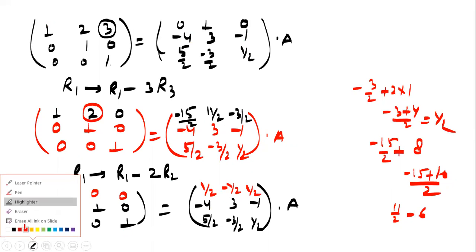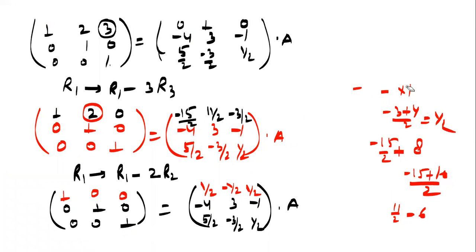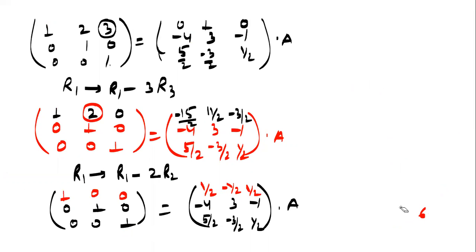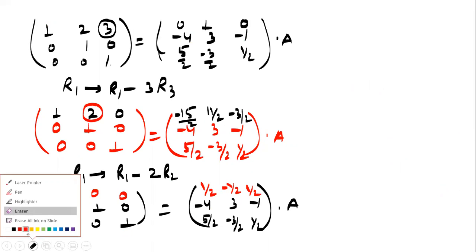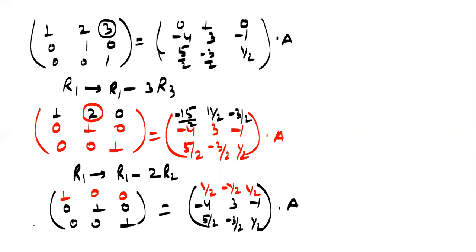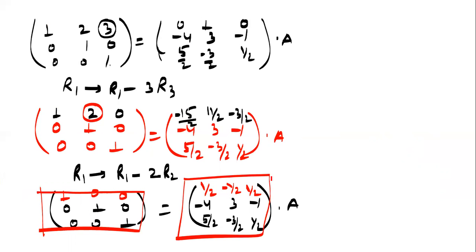And what we have observed, ultimately what we have got in LHS, we have identity matrix. So this will be A inverse.